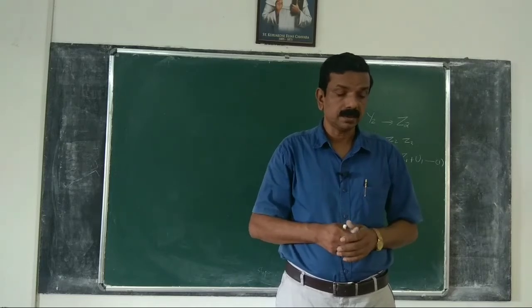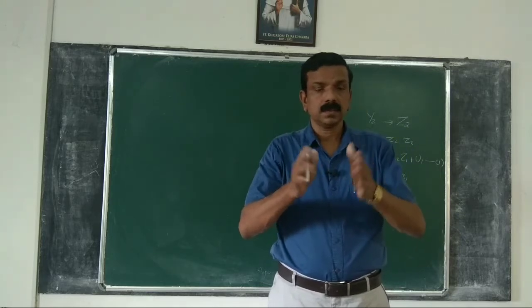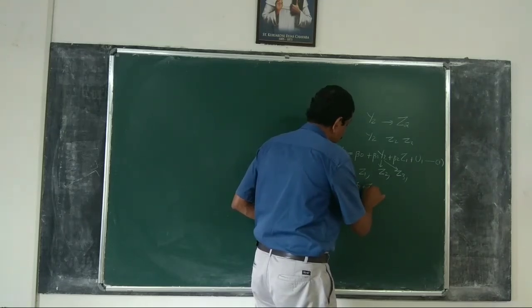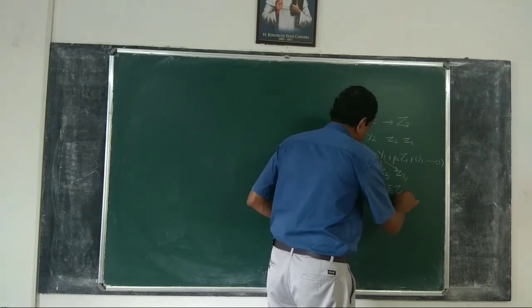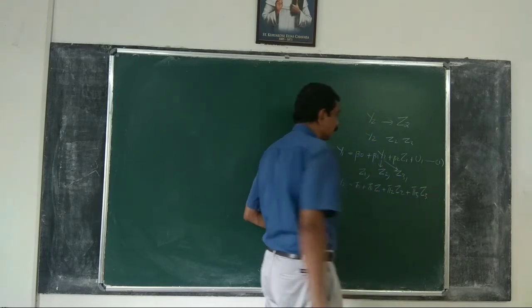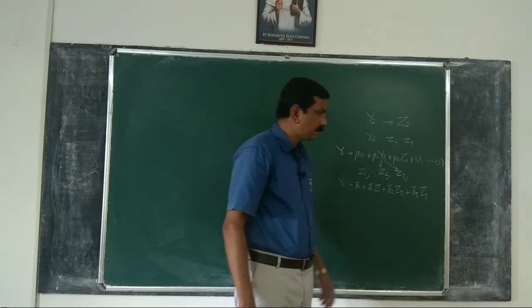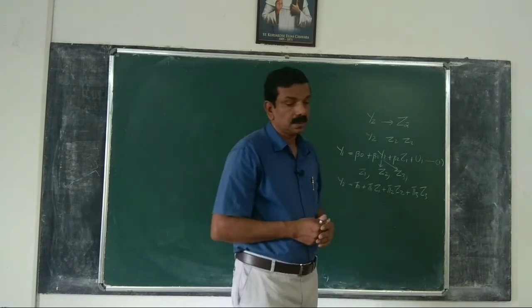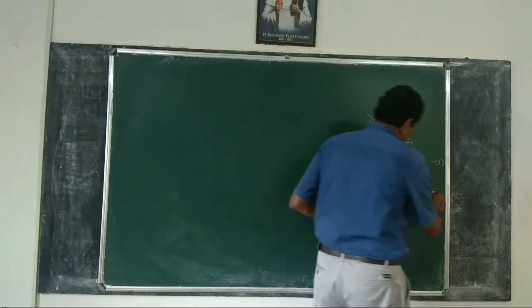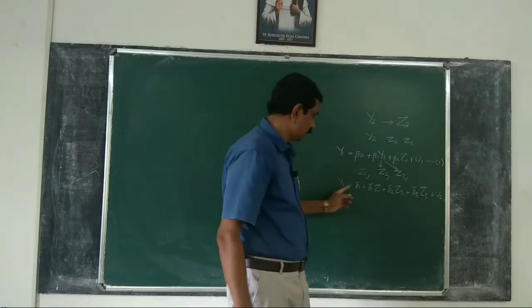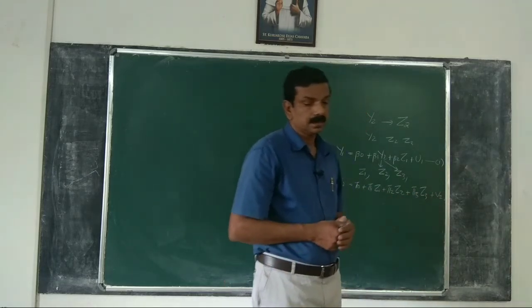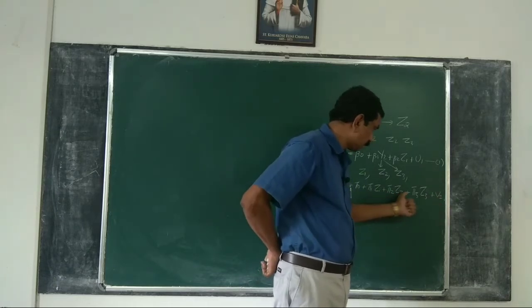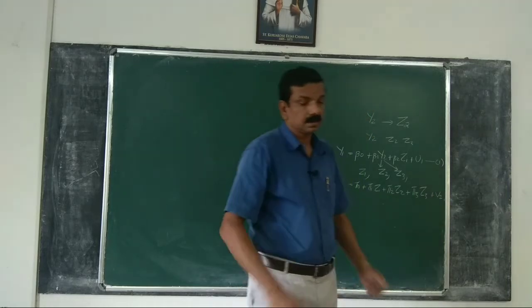And this is given by the reduced form equation for y2: y2 = pi 0 + pi 1 z1 + pi 2 z2 + pi 3 z3 + v2, with expected v2 equal to 0, covariance(z1, v2) = 0, covariance(z2, v2) = 0, covariance(z3, v2) = 0.